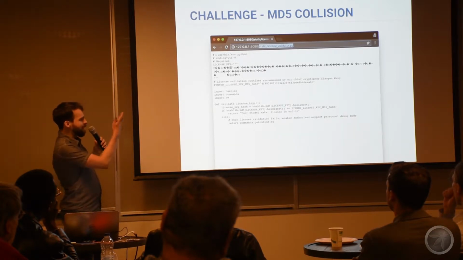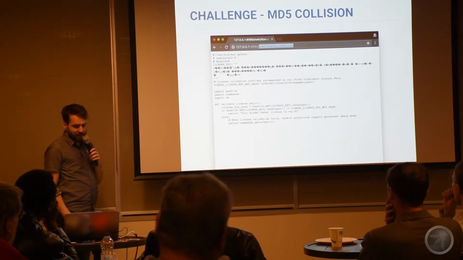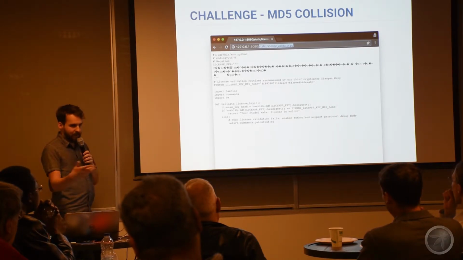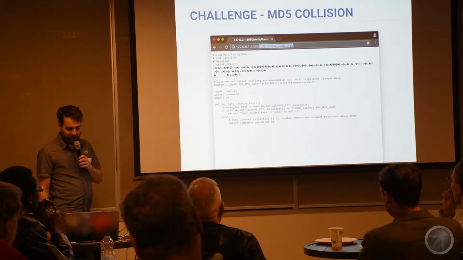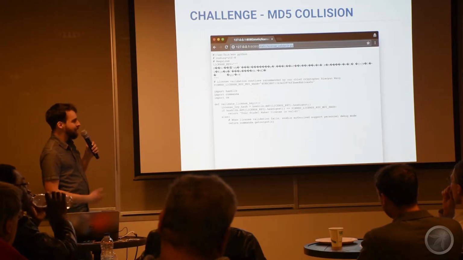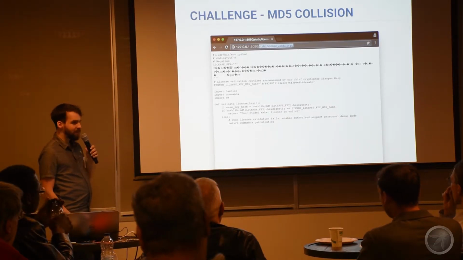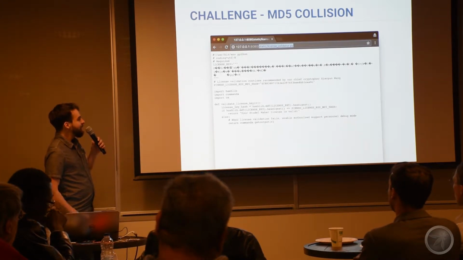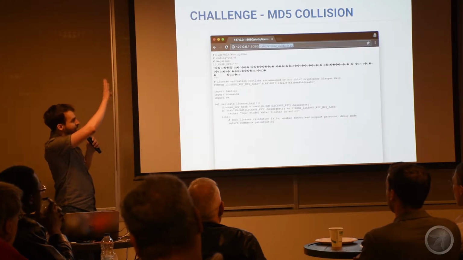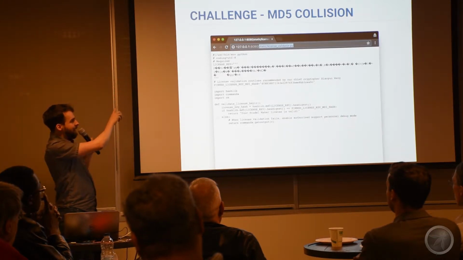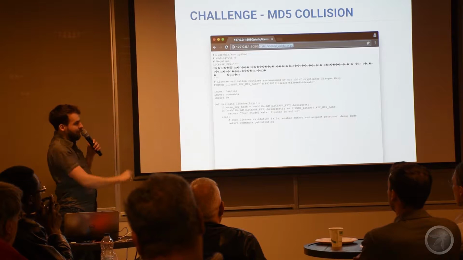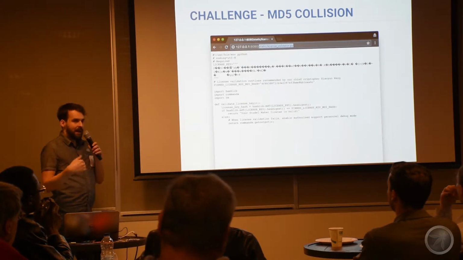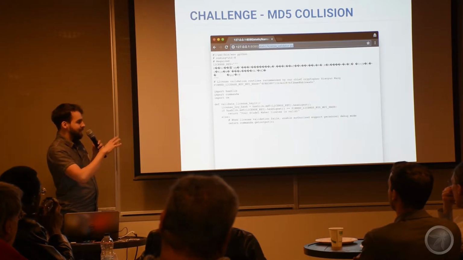So again, you go back to that strange looking part with the non-printable characters, and if you look at the academic papers, you realize that you're looking at a chosen prefix collision type of collision, which means that the first part of the file is sort of fixed. That part of the file with the garbage is the collision bytes itself, followed by, again, something that is the same.